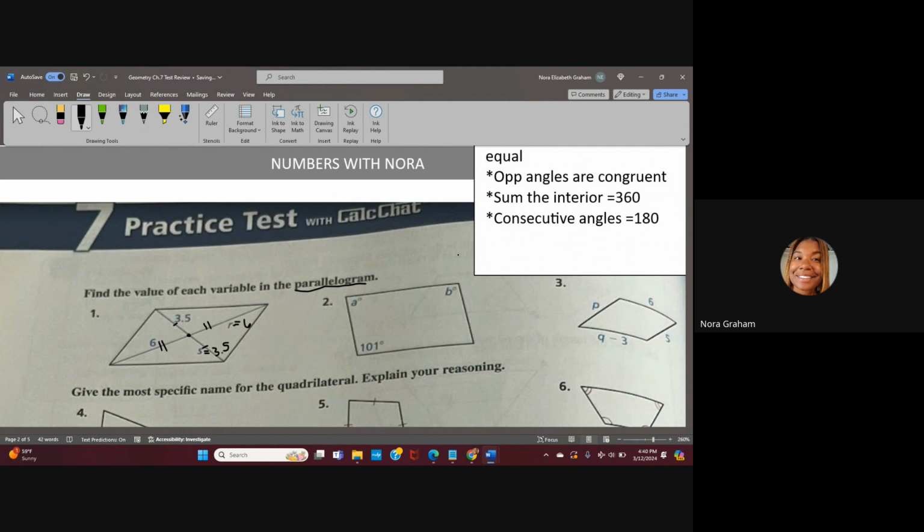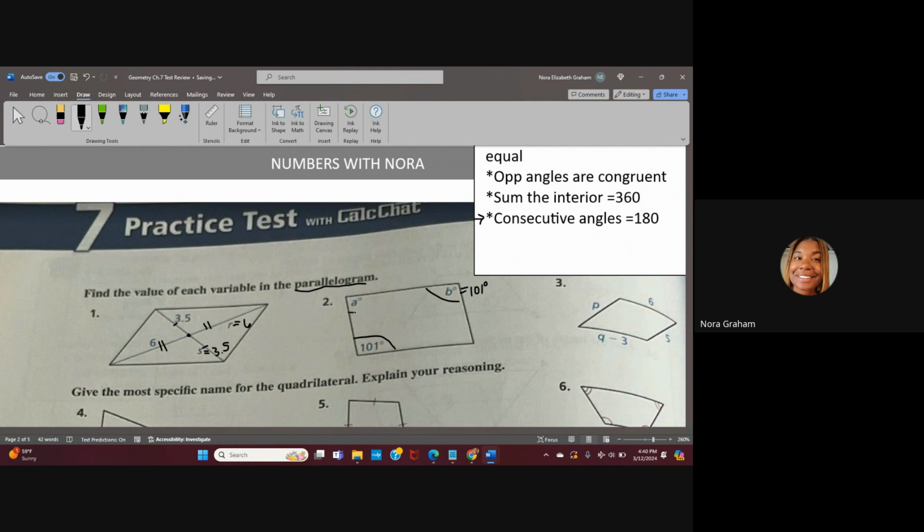Perfect. All right, let's look at 2. For this one, remember they gave us this parallelogram. My opposite angles of a parallelogram are congruent, right? So I already know that B is going to equal 101 degrees. And I need to find A. There's a couple of ways I can find A, but I know that consecutive angles of a parallelogram add up to 180.